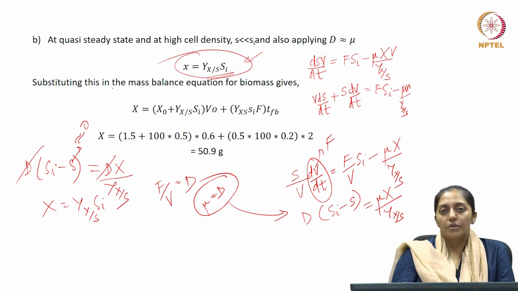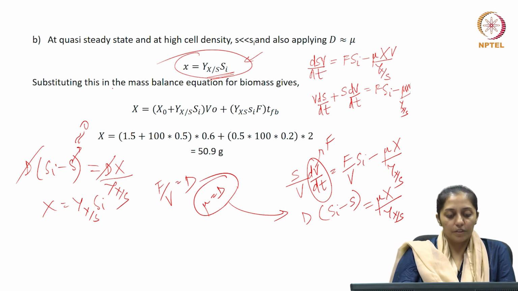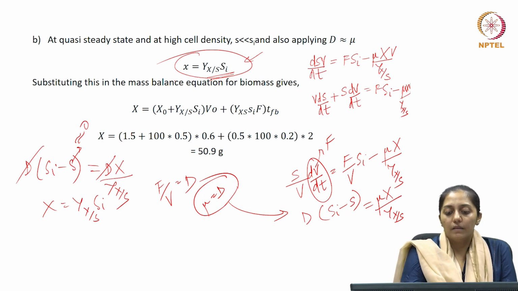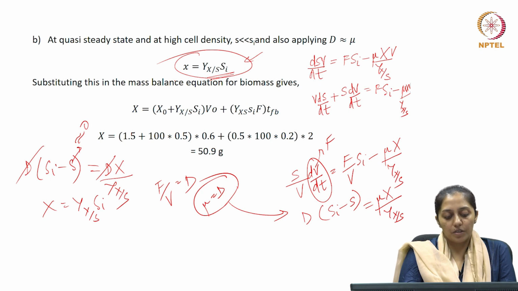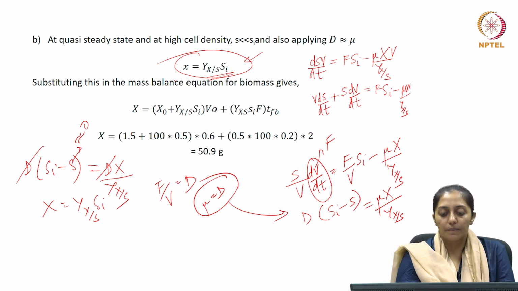If the residual substrate concentration is nearly 0, then the steady state biomass concentration is Si times Yx/s, where Si is the inlet or feed substrate concentration.